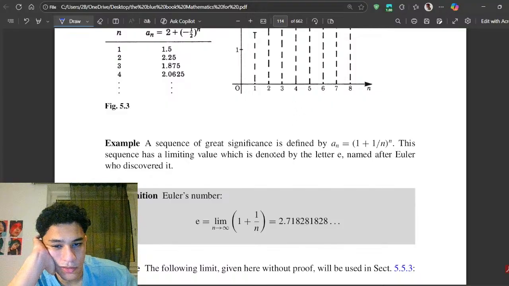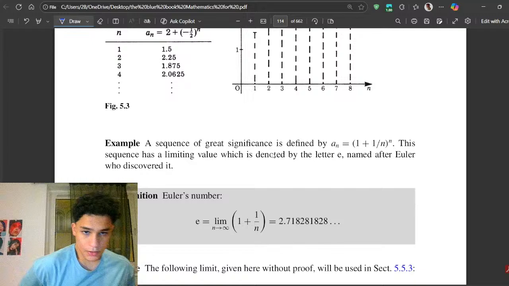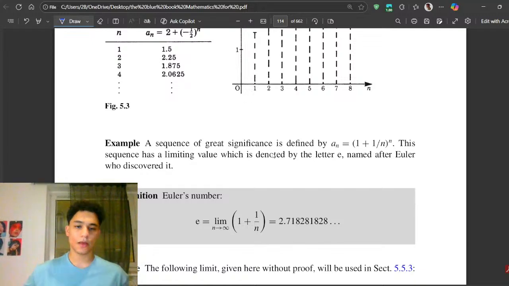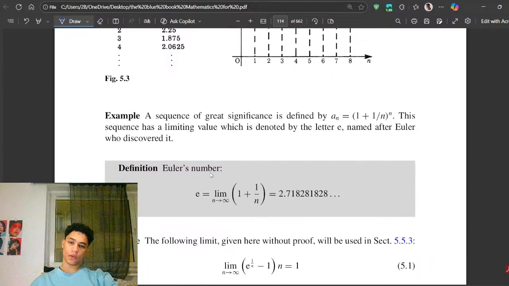Example: a sequence of great significance is defined by an equals (1 plus 1 over n) to the power n.